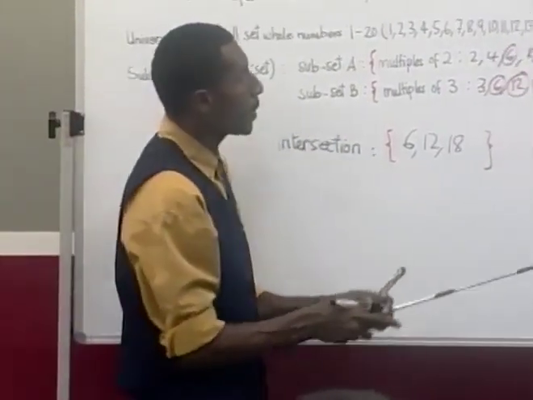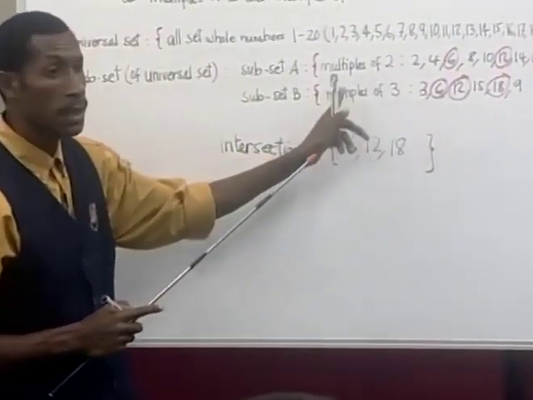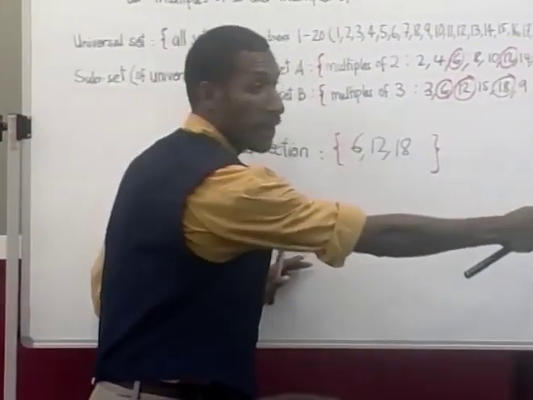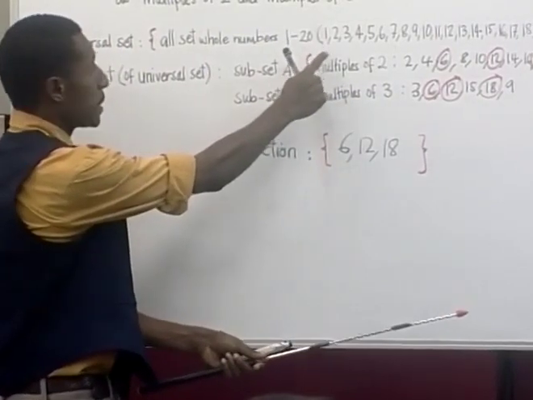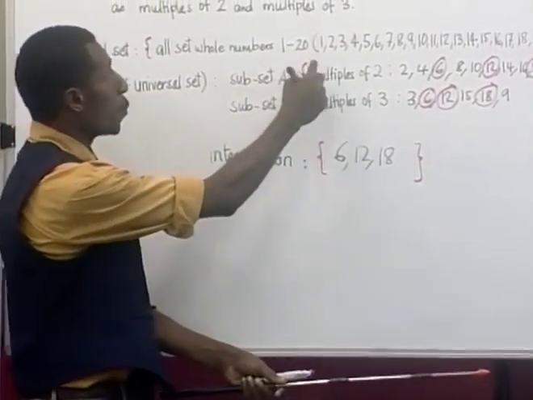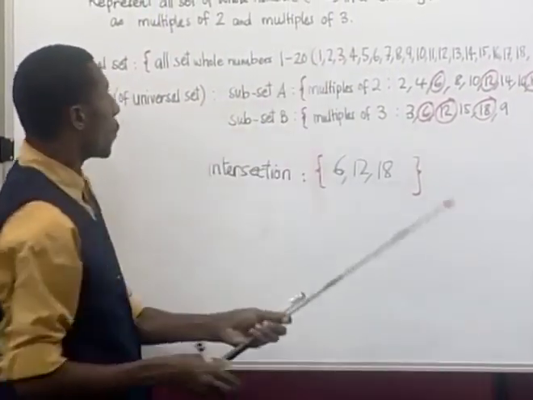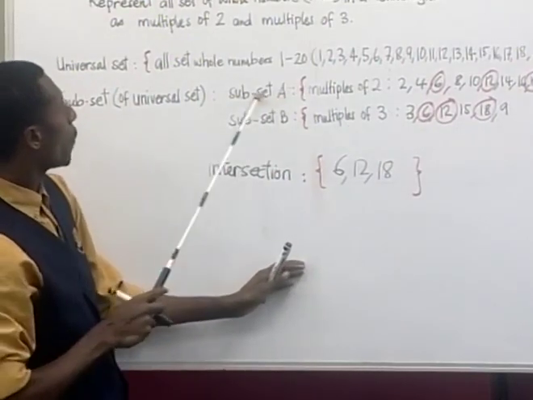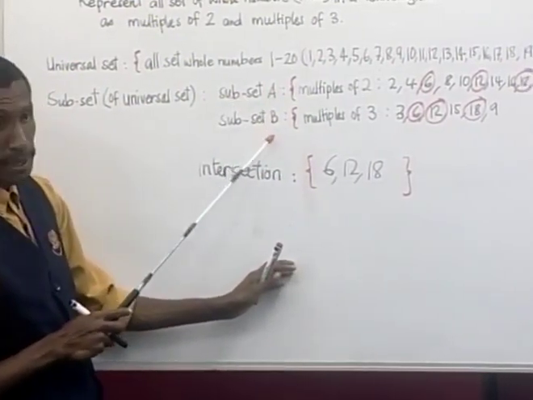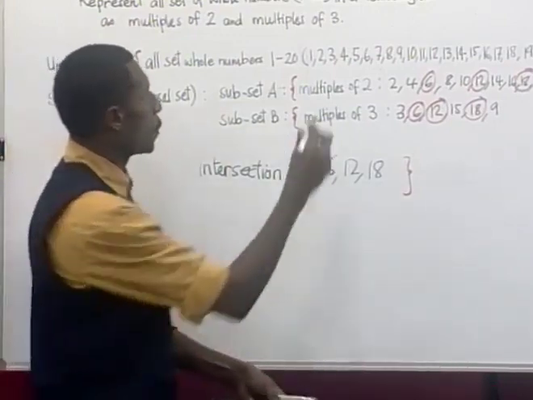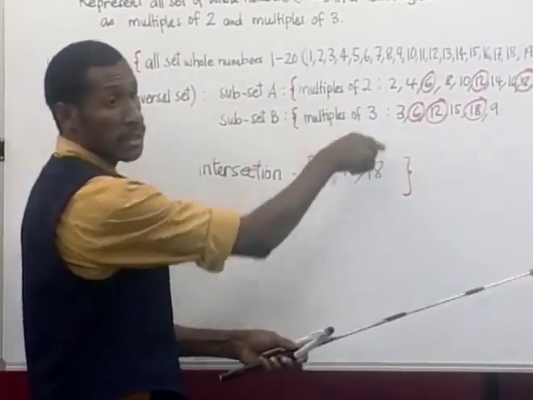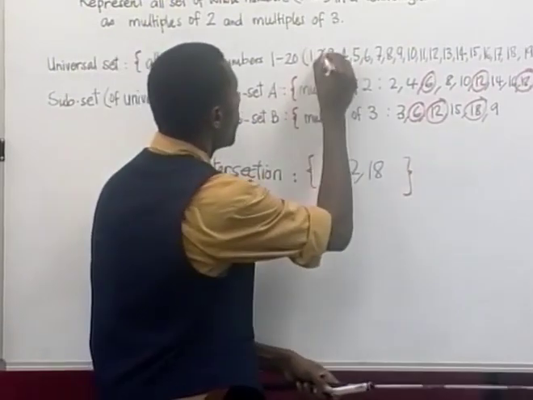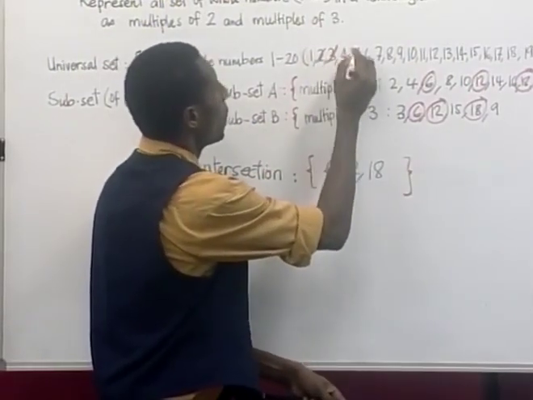Now, the next thing that we will do, before we represent these sets in this Venn diagram, let us go back to our universal set and cancel the numbers which are already in subset A and subset B. So, do we have 2 in any of these subsets? Yes. Okay. 3? Yes. 4?